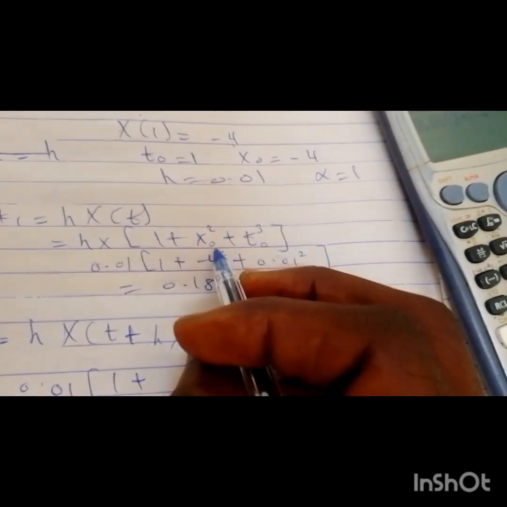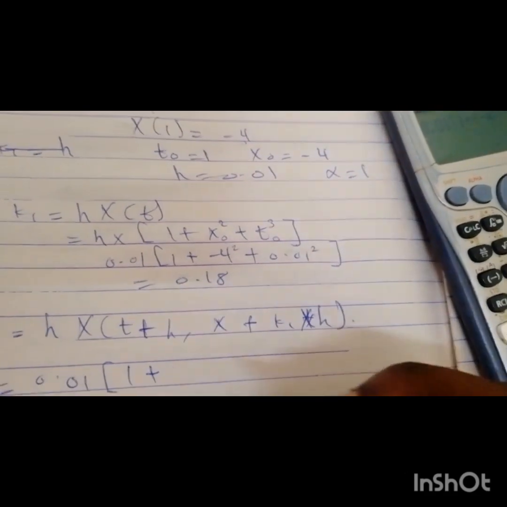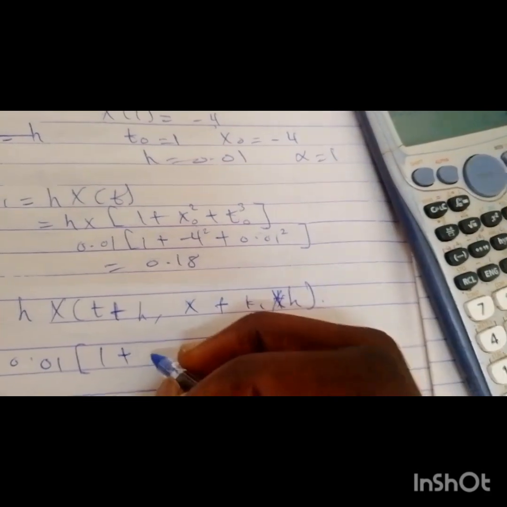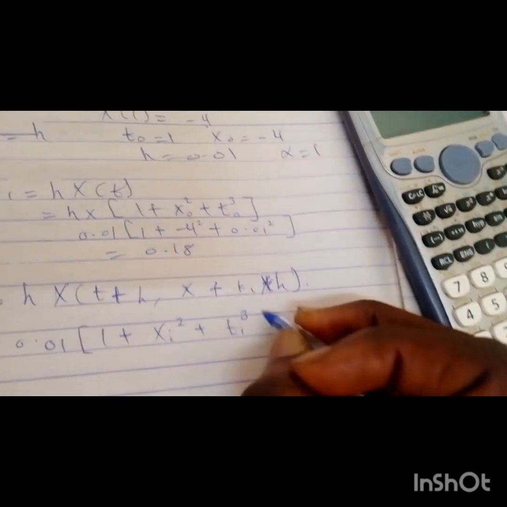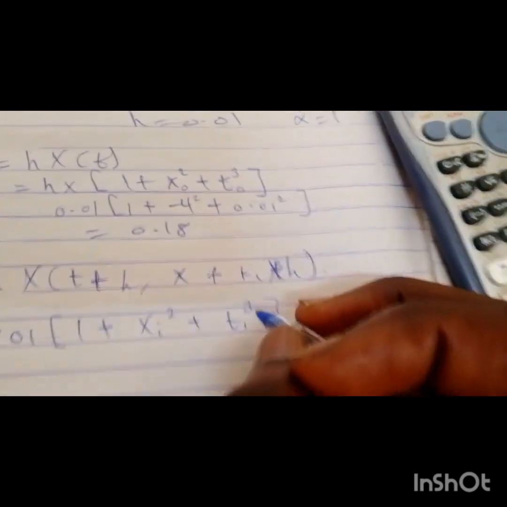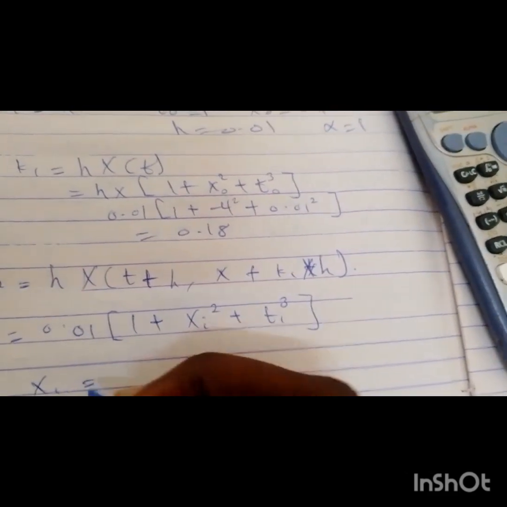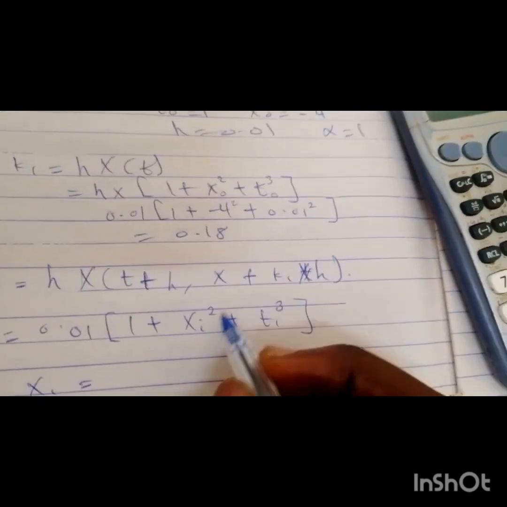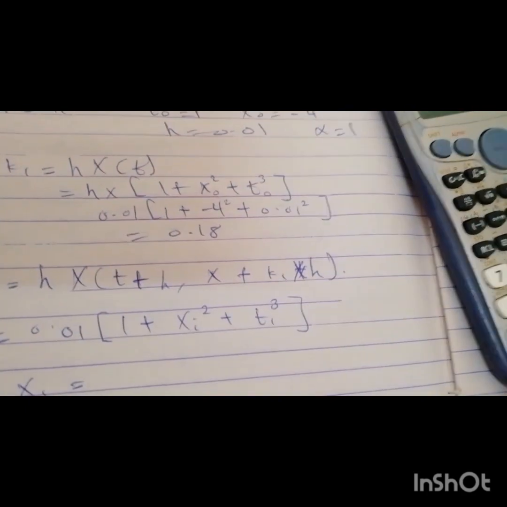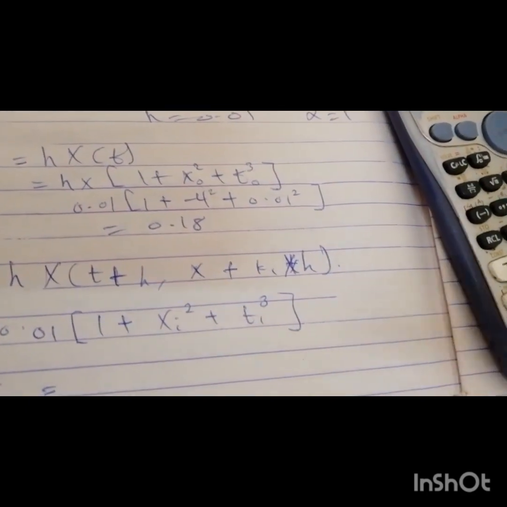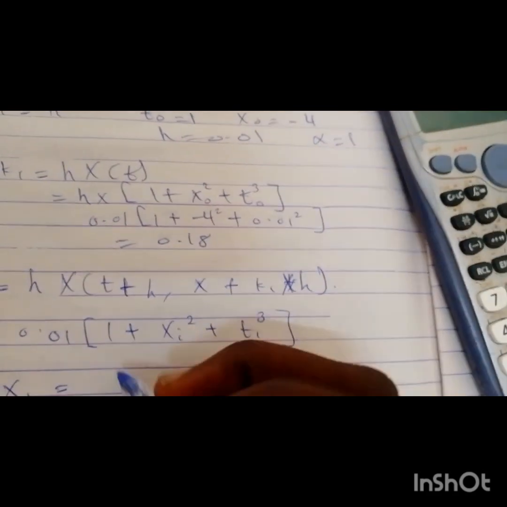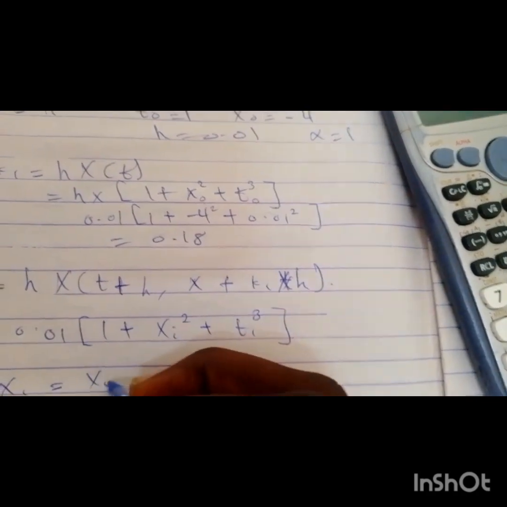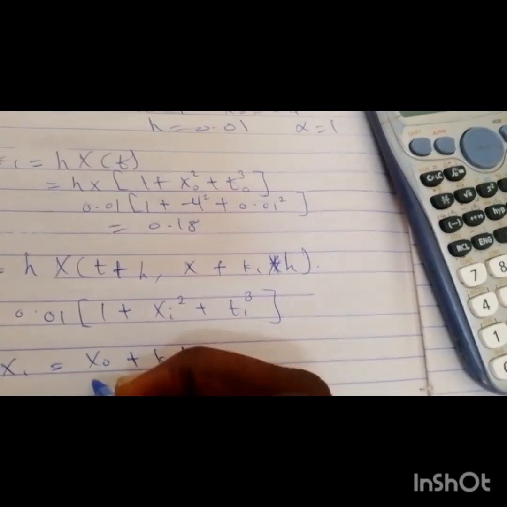So we have our same function, that's 1 plus, now x naught here becomes x1, so x1 squared plus t1 cubed. Our x1 will be the incremental, that will be the k1 times the h, so our x1 will be x naught plus k1h.